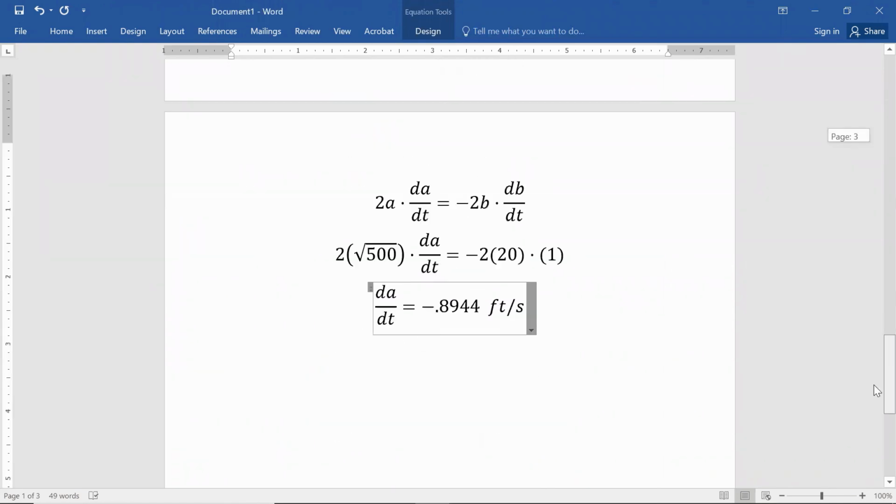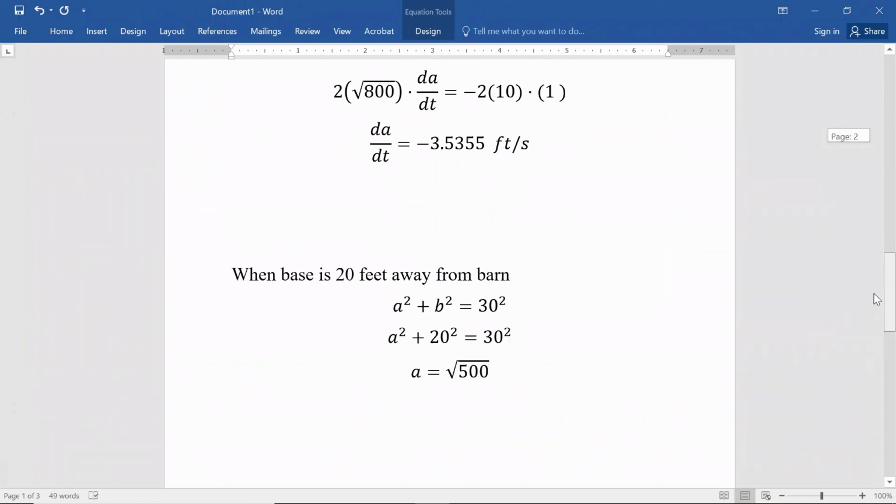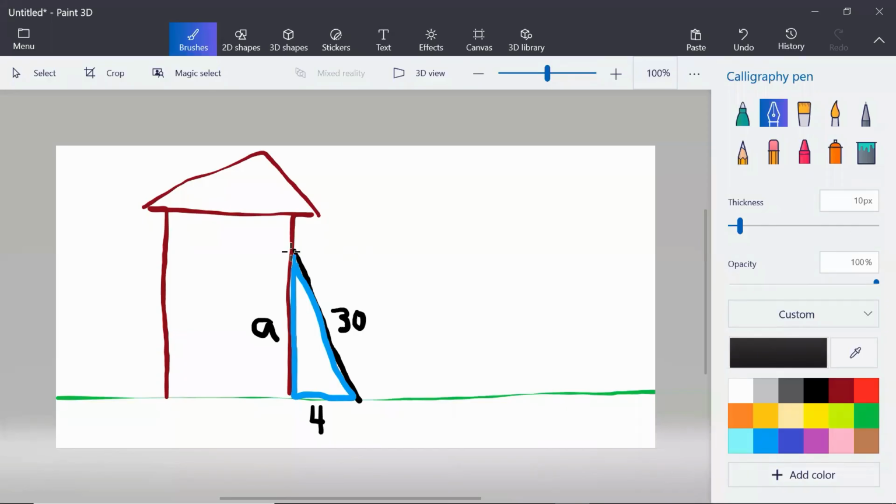But in the middle, it's a little bit faster. That should make sense because if it's at the top, we have some pretty steep angles. Moving one away lowers it by just a little bit. But as we get to that 45-degree angle, moving one away makes a big difference on the side of our barn.